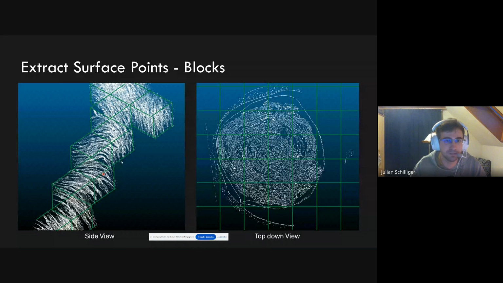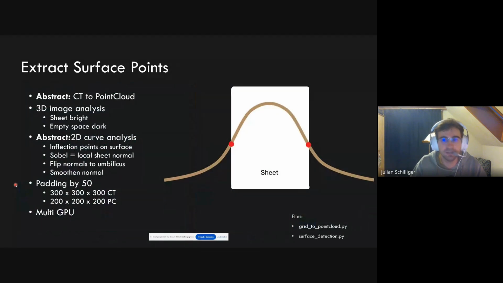And yeah, those are the blocks. For the computation, those blocks have 200 by 200 by 200 side lengths, so a little bit smaller than before. And so intuition, how to create those sheet surface points and how to extract them. If you look at this sheet on the right side, the sheet is so bright and the surrounding is dark.